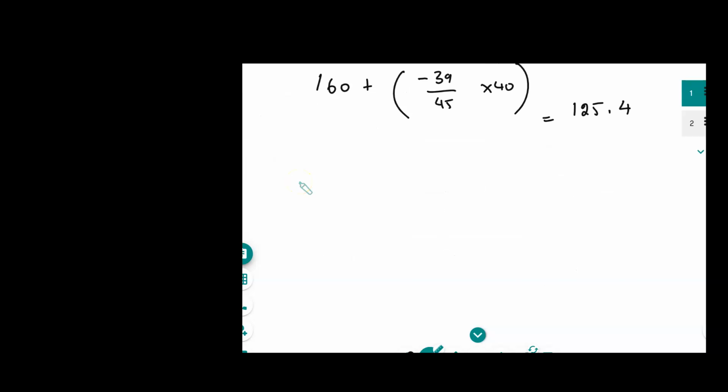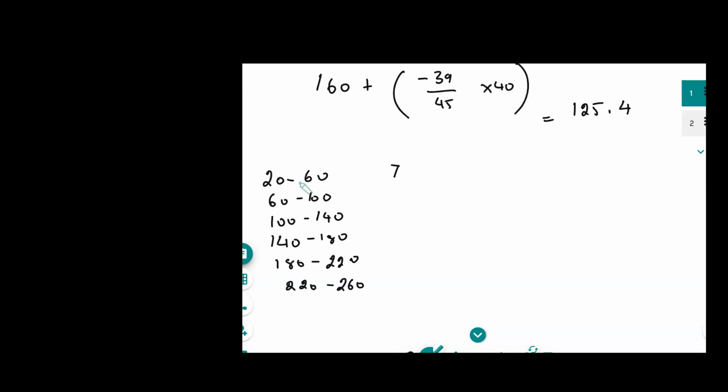Next, we need to calculate the median. In the same way, let us take the class intervals 20 to 60, 60 to 100, 100 to 140, 140 to 180, 180 to 220 and 220 to 260.